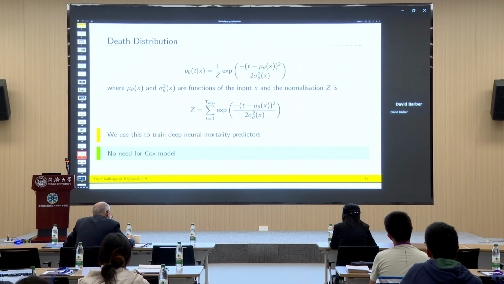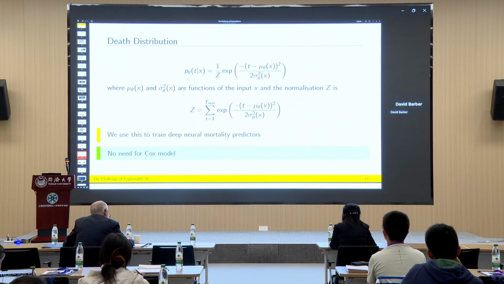You could use pretty much any distribution you like. It takes in a CT scan and clinical input, and outputs two values, something like a mean and something like a variance. These are not actually means and variances of the discrete Gaussian, but they're kind of analogous. We can use this to directly train the prediction for when a patient dies.